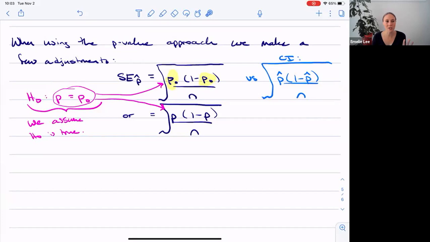Okay, so that changes. And the other thing that changes is that when we check our assumptions for normality, we no longer use the p hat, which is the observed number of successes versus the observed number of failures. Now we're checking against the hypothesized number of successes and the hypothesized number of failures. So here's the first adjustment.